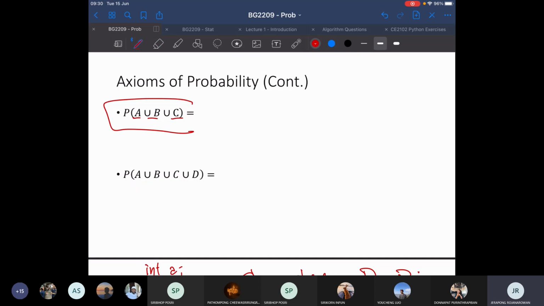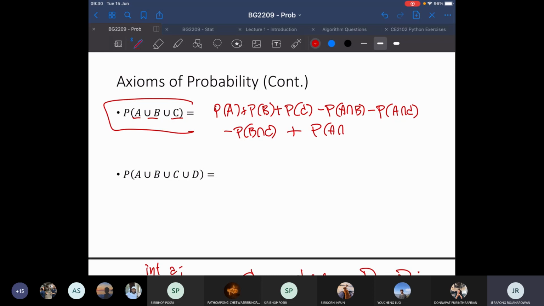This one is actually P(A) plus P(B) plus P(C) minus P(A intersect B) minus P(A intersect C) minus P(B intersect C) and plus, note the sign, P(A intersect B intersect C). And this one is kind of similar.